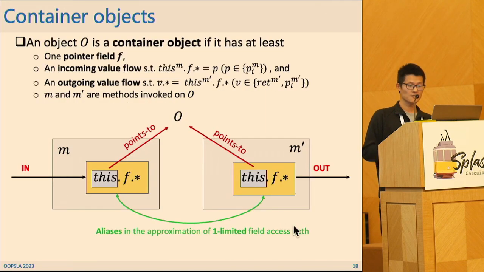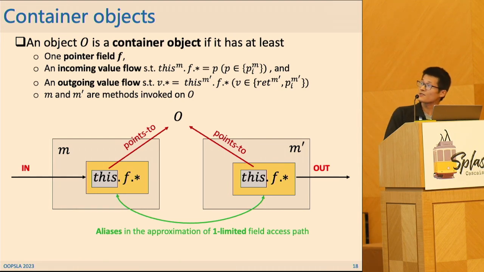We first give the definition of container objects. An object O is a container object if it has at least one pointer field F, and there is an incoming value flow that is stored into O.F, and an outgoing value flow that flows to the outside of the object.